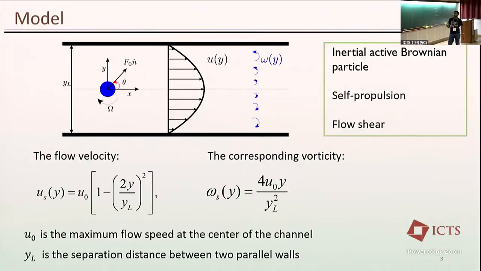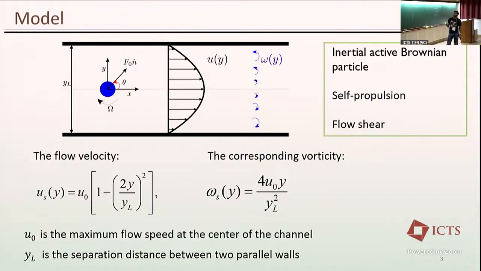So we have an active particle in a two-dimensional channel under Poiseuille flow. As we see from this schematic, the flow direction is positive along the x direction, and the velocity of the flow changes along the y direction, forming a parabolic profile.